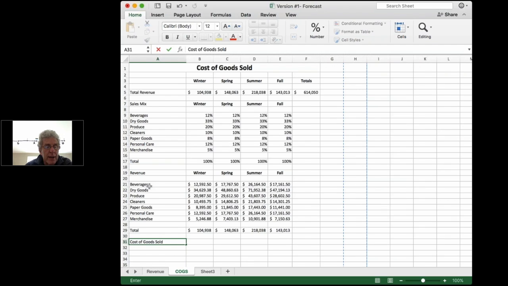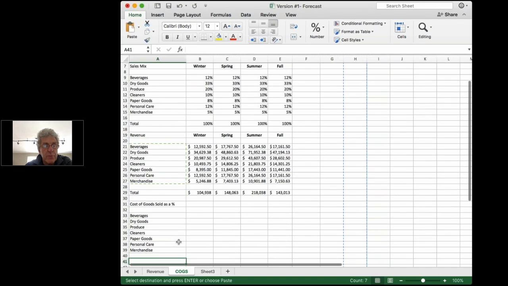We put this down as a percent. We come here and copy all of these different categories that we have sales in, and move those to here. So we now have all our categories, which is really cool.